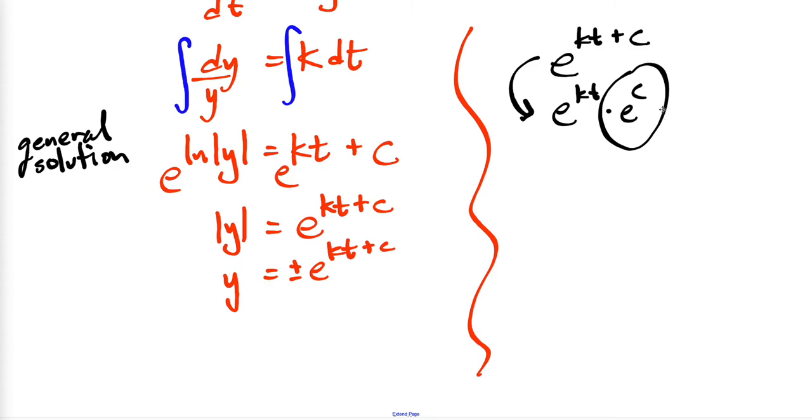You would do e squared, which is whatever, like 5-ish. So e to the C becomes C. Rather than finding the C as a 2, you would find the C as the 5-ish number instead.